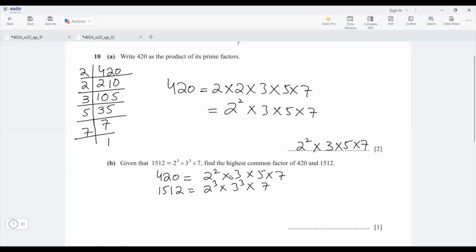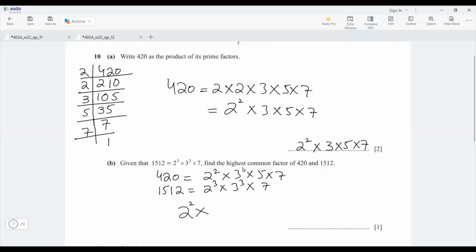For the highest common factor, look at the common numbers. 2 is common, but look at the powers. The minimum of the powers must be taken in the highest common factor. So 2 is common, but what about the power? Is 2 raised to 2 smaller, or 2 raised to 3? 2 raised to the power 2 is smaller. Write down 2 squared here. What about the next number?